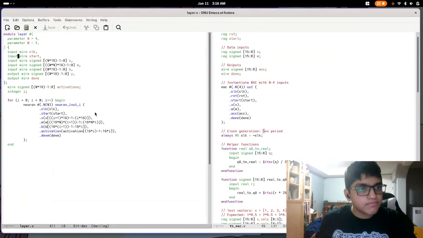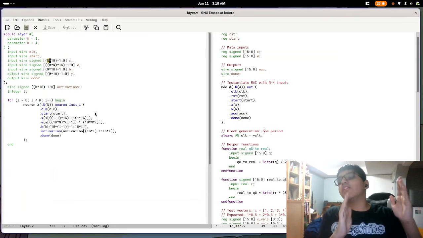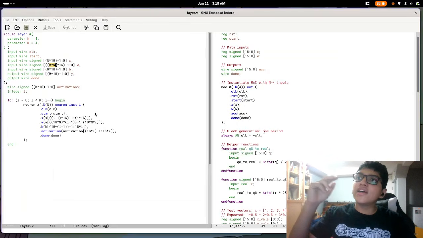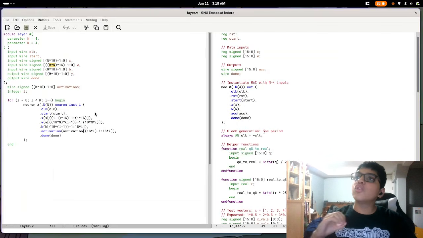Our input wires, you can see n times 16. This n right here is the number of inputs to the layer. Then over here, our weights is m times n because for each of our m neurons, we have n weights.